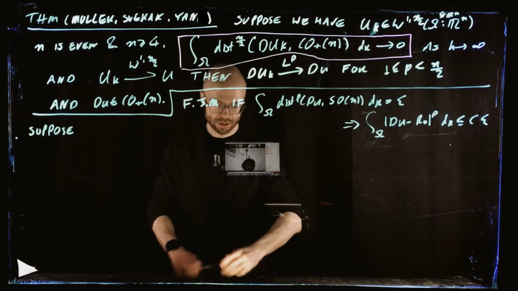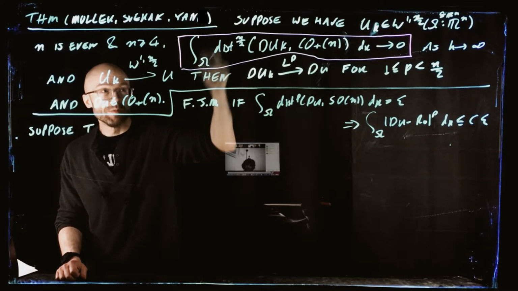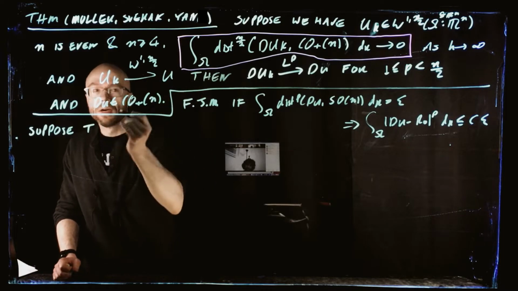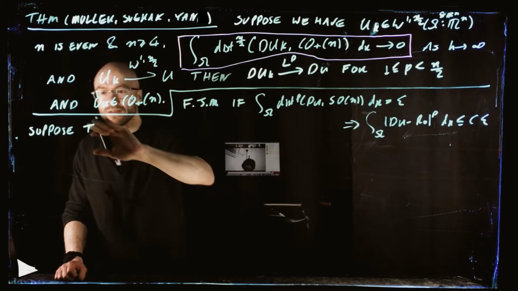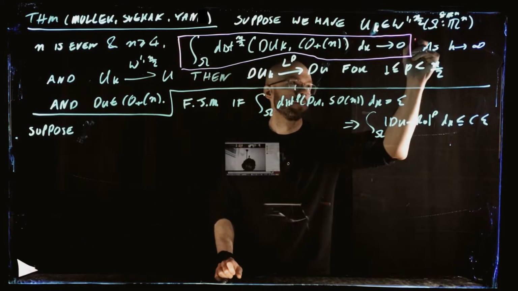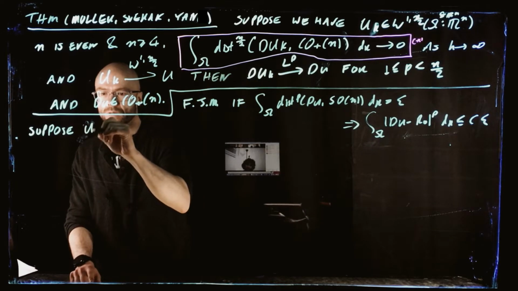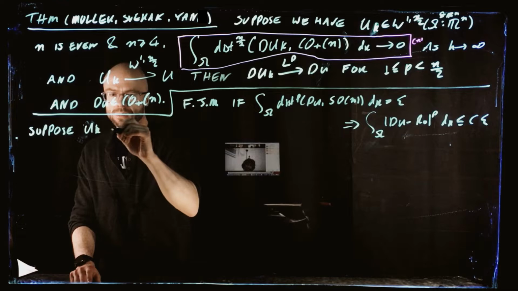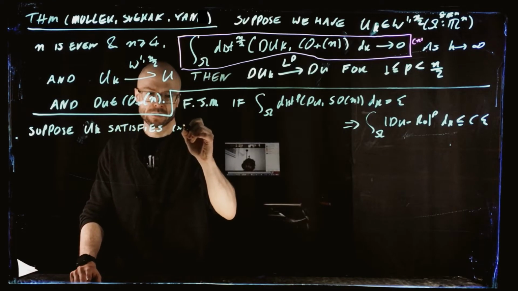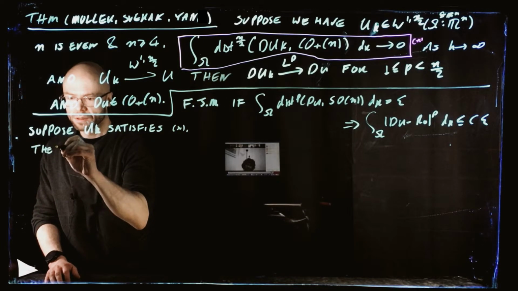Okay. Then, in my statement of this theorem, I've taken the sequence to be converging weakly, right? But if we have just an arbitrary sequence satisfying this, let's call this thing star, so u_k satisfies star, then we can pick a subsequence that does converge weakly.